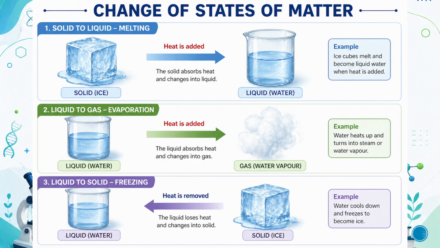What happens when heat is added to the solid ice here? The solid particles absorb heat and they start moving away from each other. When the particles move away from each other, the solid changes its form into liquid, and the matter absorbs the heat and acquires the properties of a liquid.